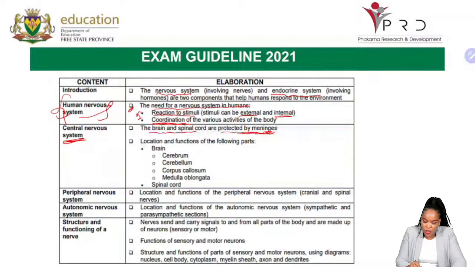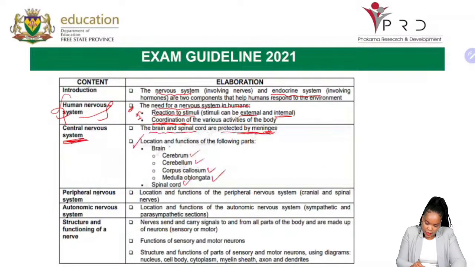Then you need to know the location and the functions of the following parts. In the brain, where is the cerebrum? Where is the cerebellum? The corpus callosum, medulla oblongata, and you must also know what are the main functions of the spinal cord. Then you shall have covered the central nervous system.